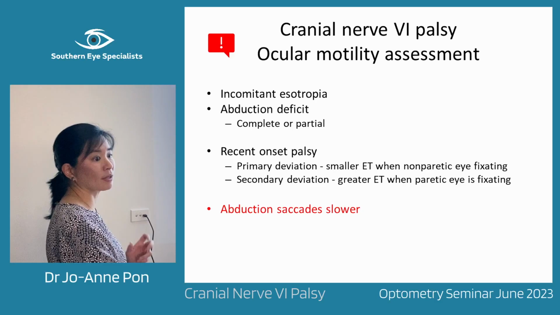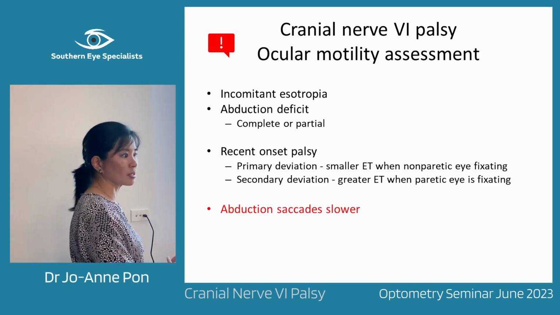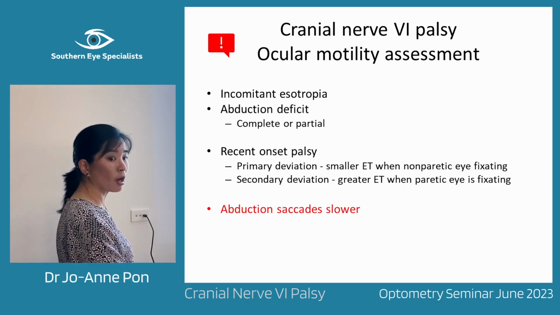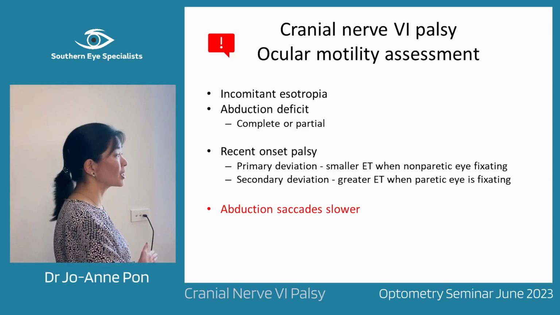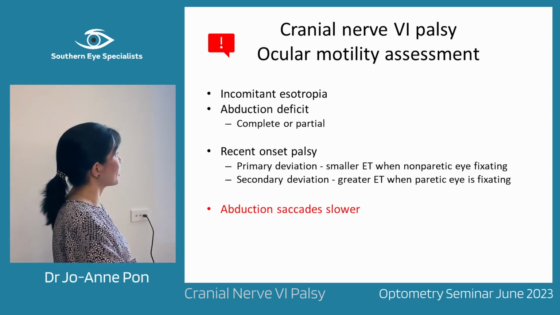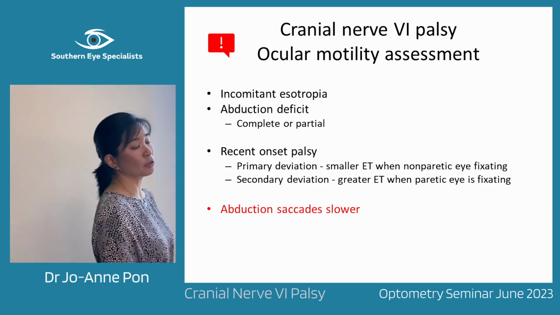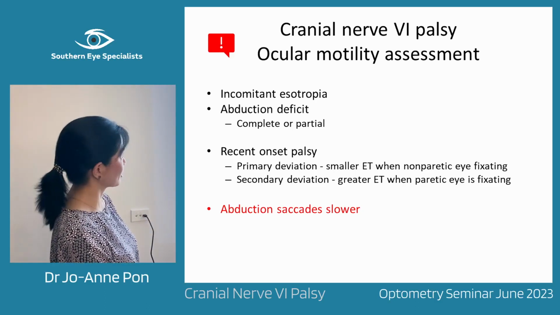This is what hopefully will give you confidence that you've assessed your patients, and these are the ones that you need to refer in. Anybody that's got an incomitant esotropia with an abduction deficit, which might be quite subtle, look for that secondary deviation, and look for the slowing of the abduction saccades, because those are all very helpful clinical signs.